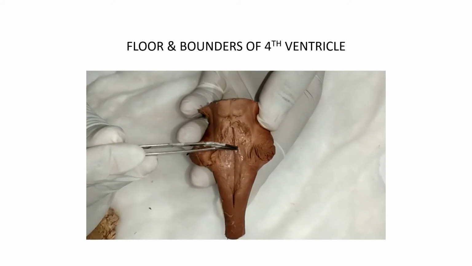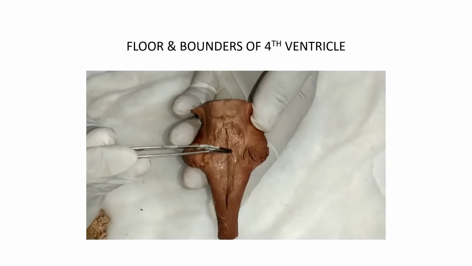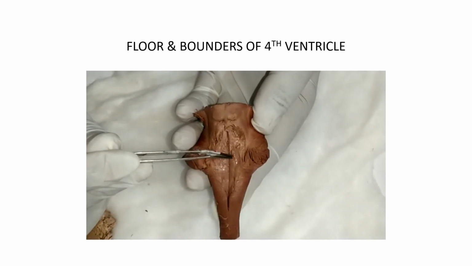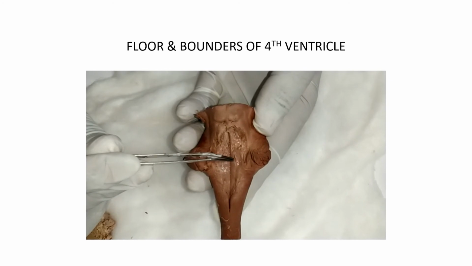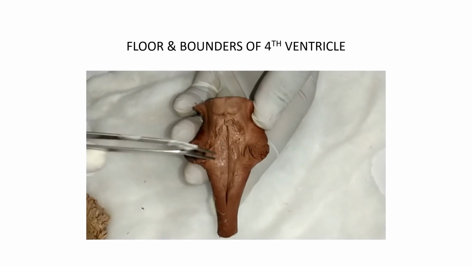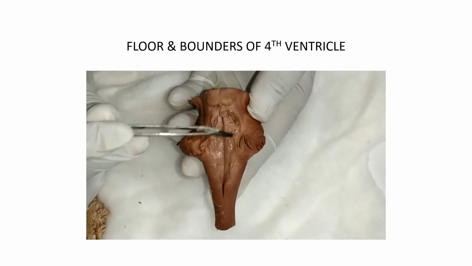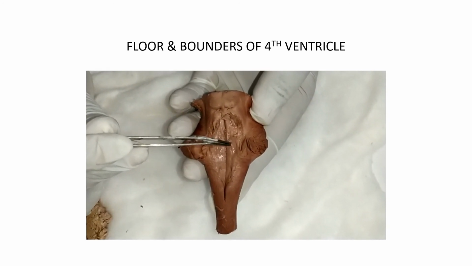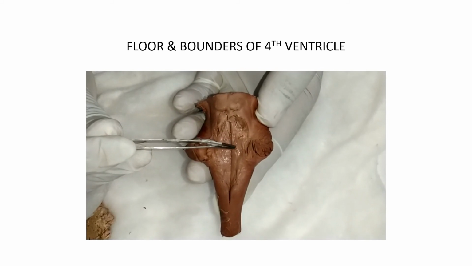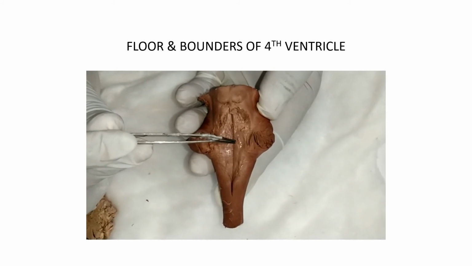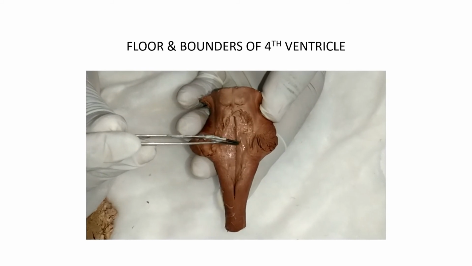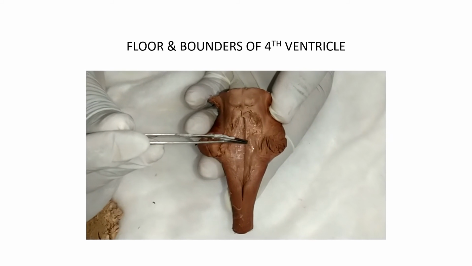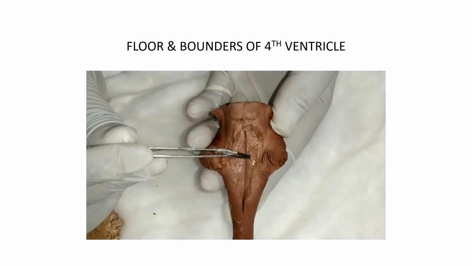And over here on the medial eminence you can see a small oval swelling called the facial colliculus. This swelling is produced by fibers arising from the facial motor nucleus of the facial nerve, which hook around the abducent nucleus. So this is the facial colliculus.